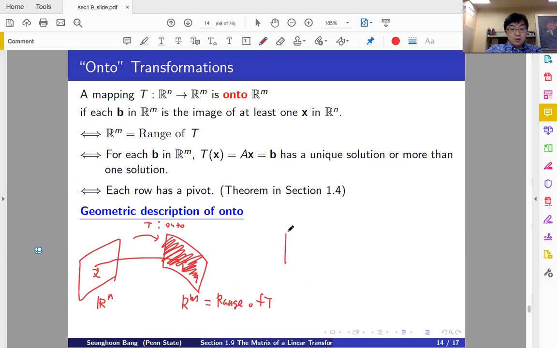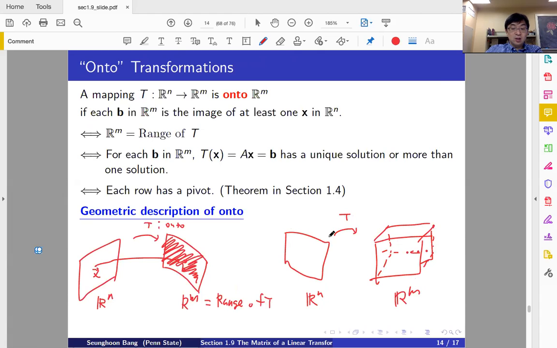This is an example. This is Rn and this is Rm. We think about this T. What happens to the range?